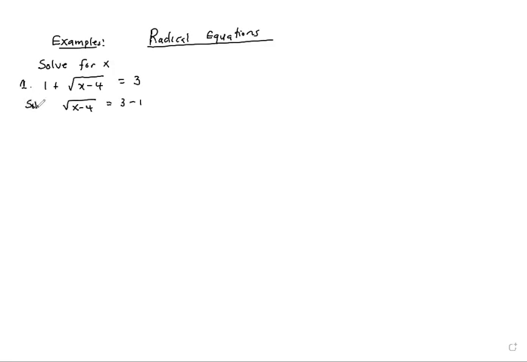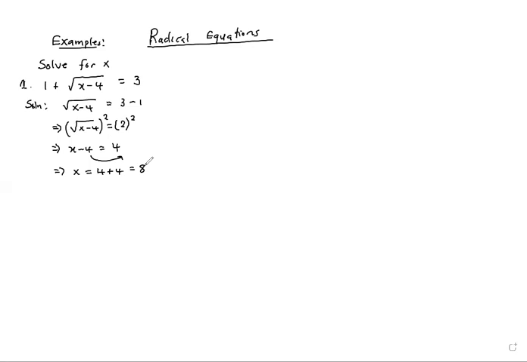So that we get root of x minus 4 is equal to 2. Then this part will be squared. Also this part will be squared. So we'll get x minus 4 is equal to 4. Take 4 the other side. We'll get x is equal to 4 plus 4, which is equal to 8.